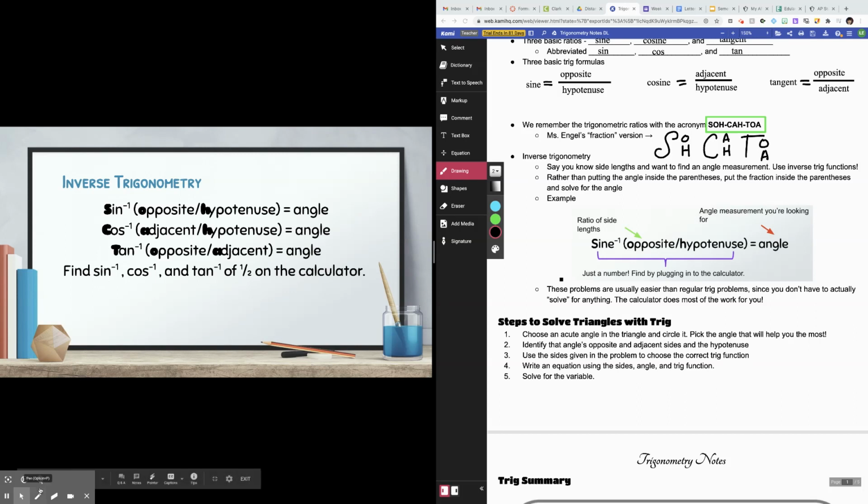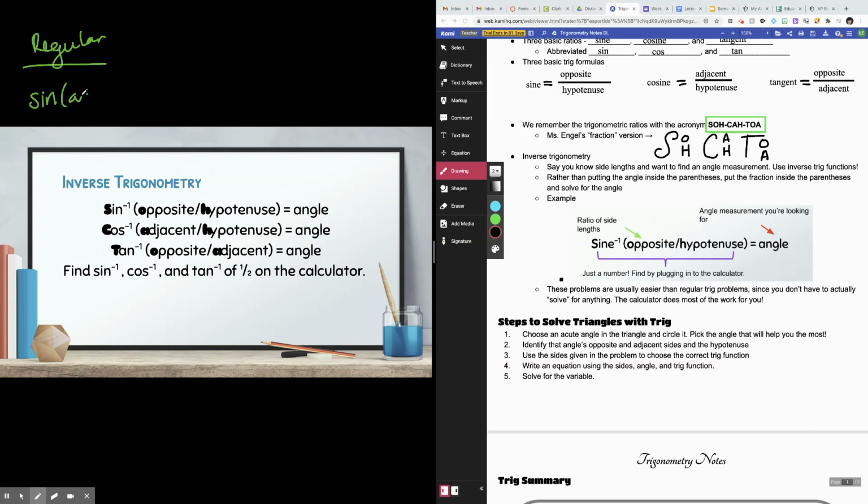As I'm hoping you recall, because it was maybe 2 minutes ago when I did this for you in the video, with regular trig you'll have the trig function, the angle will go inside the parentheses, and it will equal the fraction on the other side.